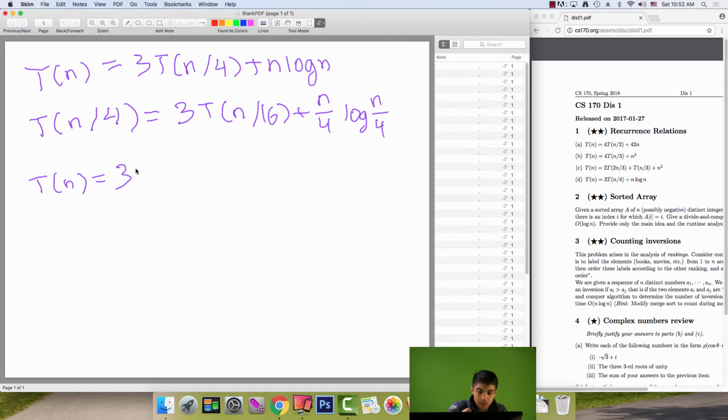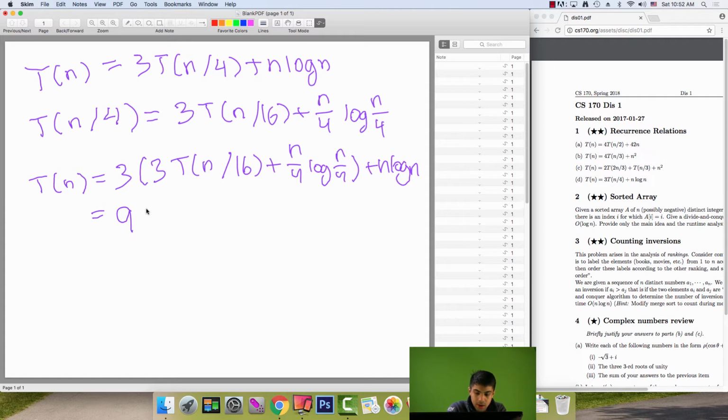And this gives us that T(n) is equal to 3 times [3T(n/16) plus (n/4) log(n/4)] plus n log n. And expanding this out a bit gives us 9T(n/16) plus (n/4) log(n/4) plus n log n.